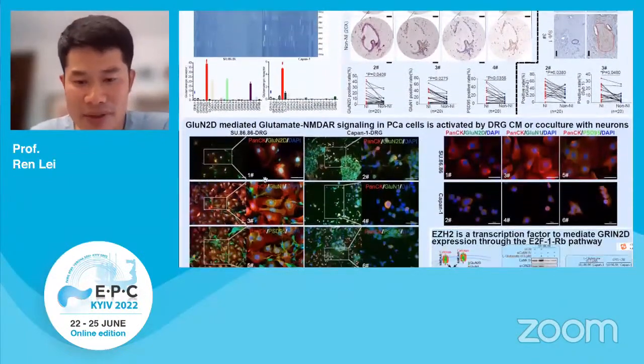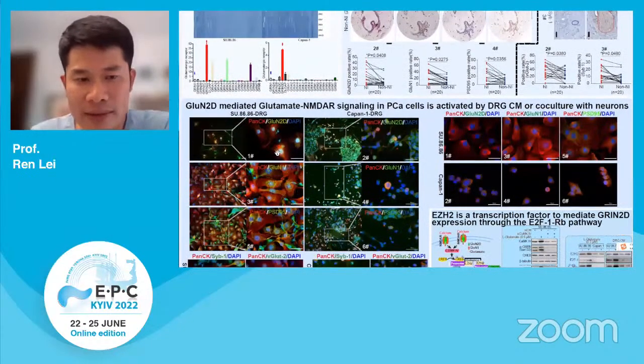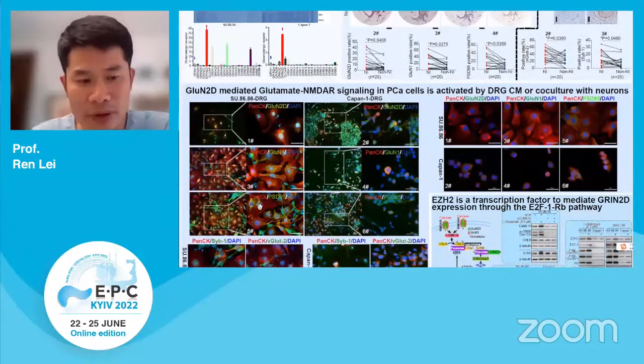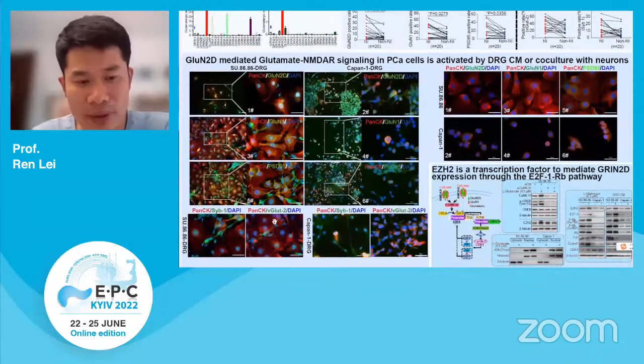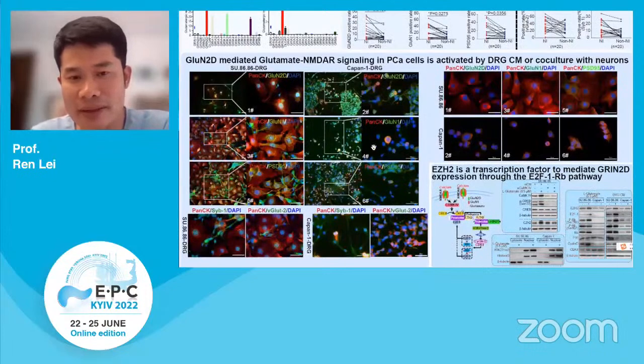And then in the co-cultures of neurons and pancreatic cancer, we found that GluN2D, GluN1 and PSD95 were significantly upregulated in neuro-invasive pancreatic cancer cells, and we also found the same for synaptobrevin 1 and GluN2 on the axons extended from neurons and on the cancer cells, but we didn't observe this in the non-neuro-invasive pancreatic cancer cells.